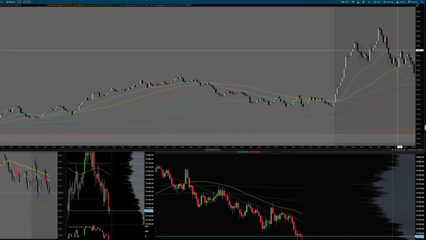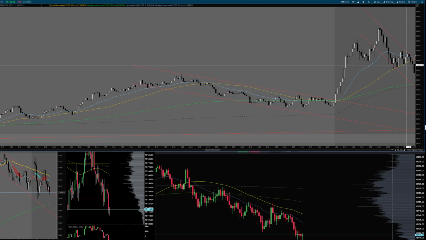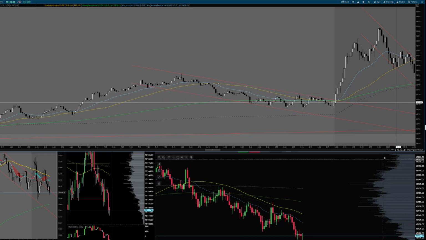Okay, now we have a channel there. It broke the 50 line, and the price may go and test this 200 moving average and VWAP underneath.